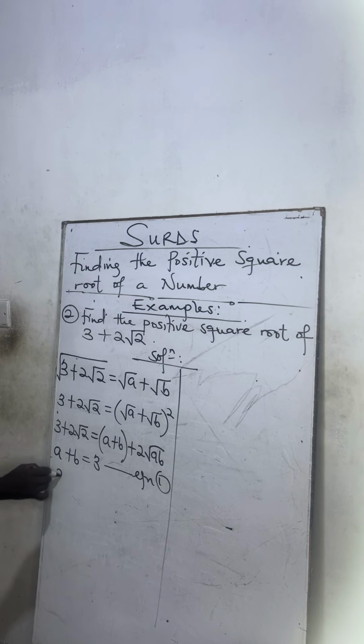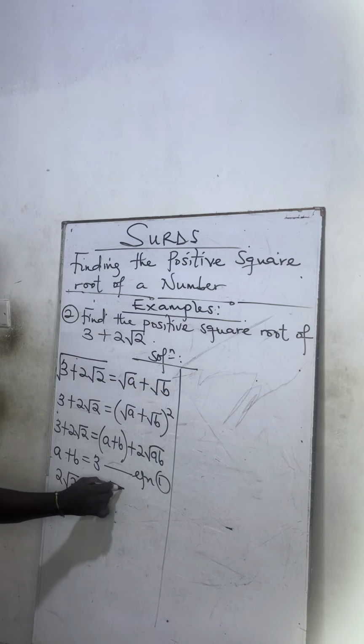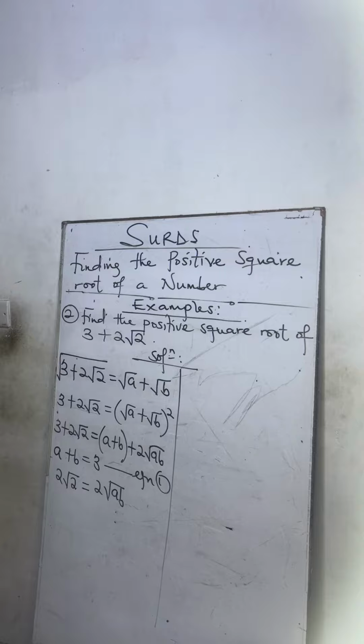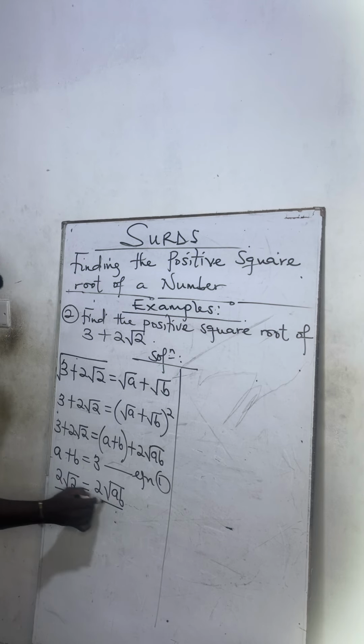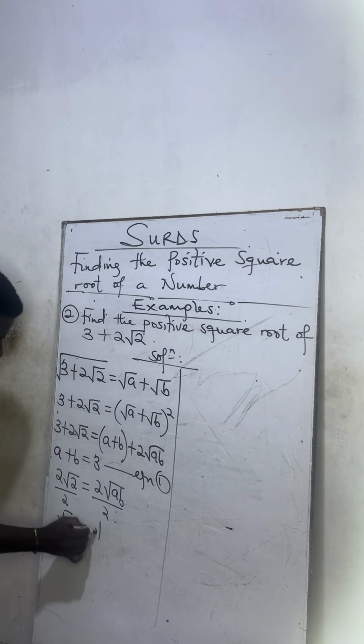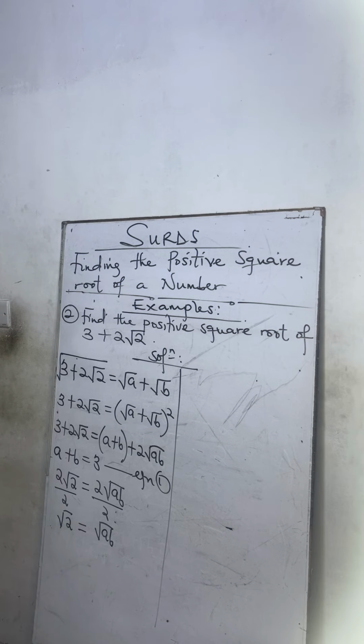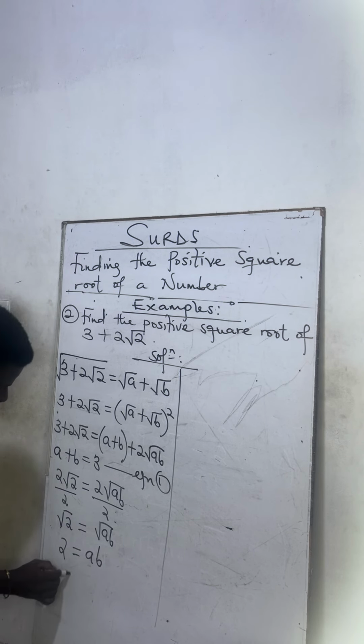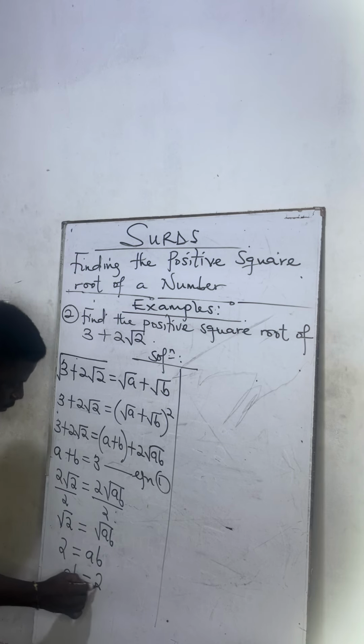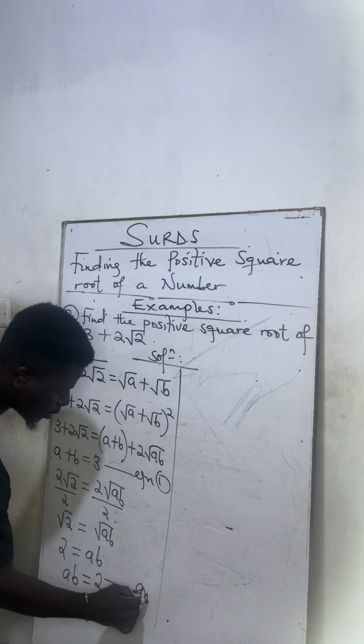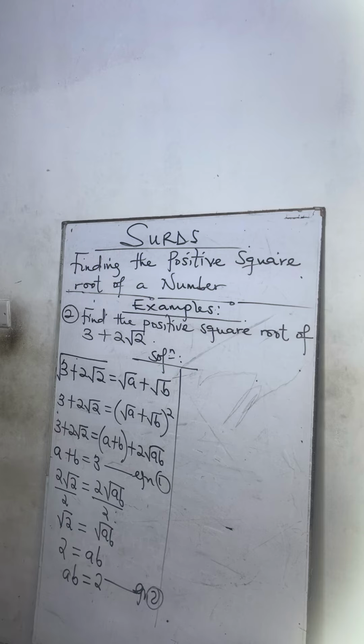Then 2 square root of 2 is equal to 2 square root of ab. Let's divide through by 2, here by 2, here also by 2. You get square root of 2 equals square root of ab. We can square both sides so that we have 2 equals ab. Or better still, ab is equal to 2, and this will be equation 2.